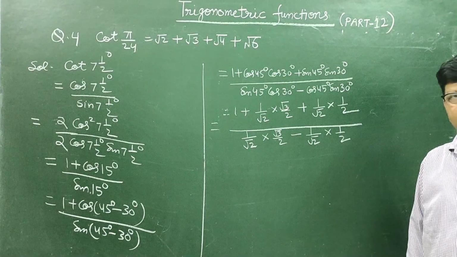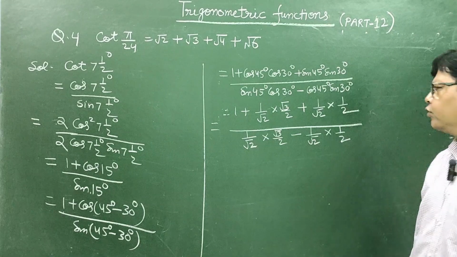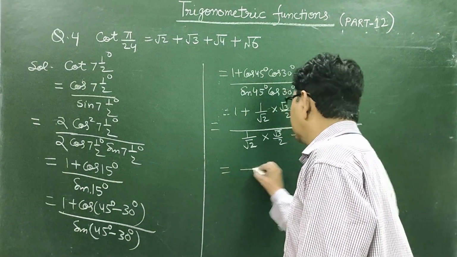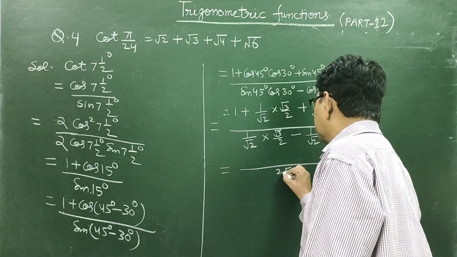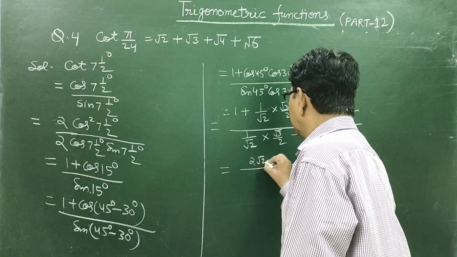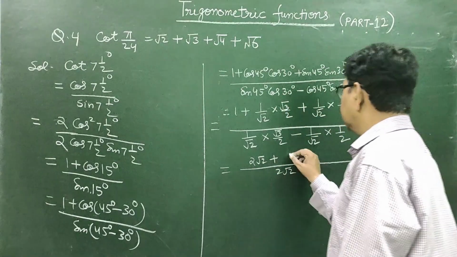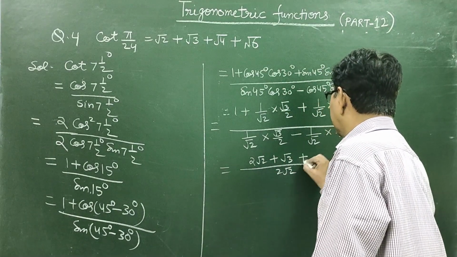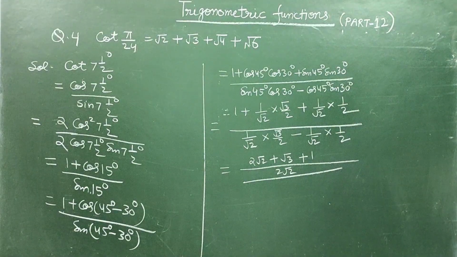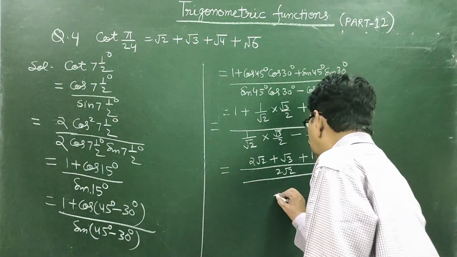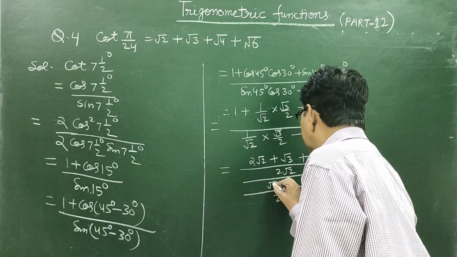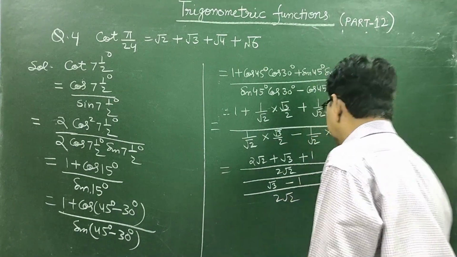Now taking LCM in the numerator and denominator, in the numerator LCM is 2 root 2, and we have 2 root 2 plus under root 3 plus 1 upon, in the denominator LCM is again 2 root 2, and root 3 minus 1.